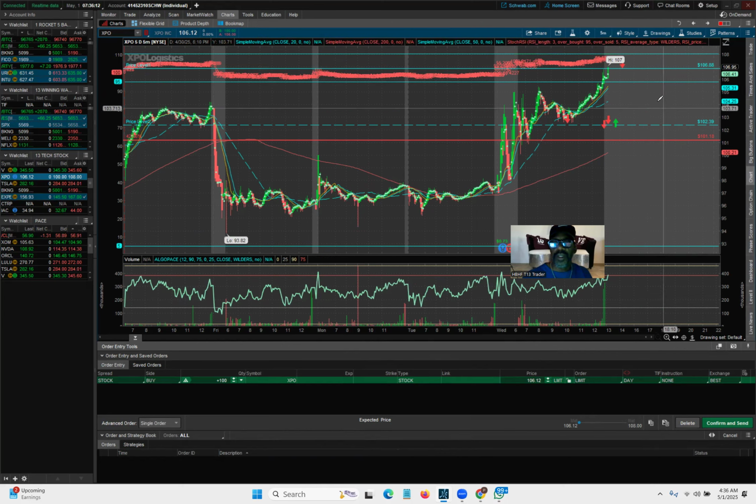Higher lows off of this low, and it's up there, which is 102, 106. We already know that in pre-market, it has moved 103, 95.